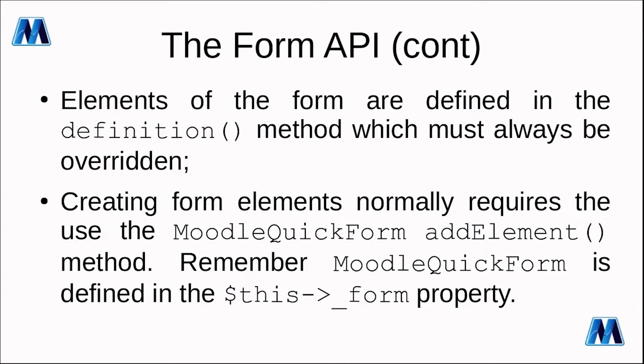Elements of the form are defined in the definition method. So you've always got to have a definition method, and that's where you define your elements, your fields for your form. And it must always be overridden, as I say there. Okay. And creating form elements normally requires the MoodleQuickForm addElement method. So you've got to remember that the MoodleQuickForm is defined in the _form property.